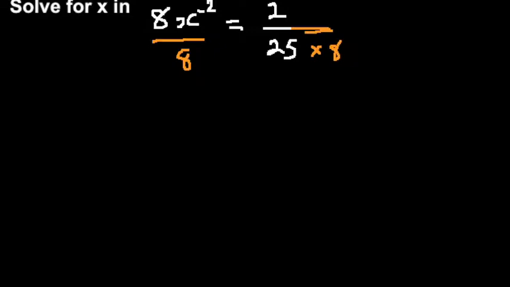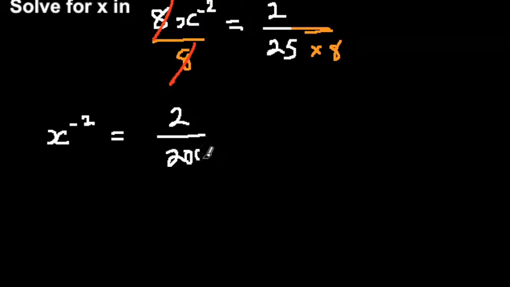Once we do that, we can cross out the 8 from the left side of the equation, and we are left with the following expression: x raised to the minus 2 is equal to 2 over 200. Now we all know that 2 over 200 is the same thing as 1 over 100.